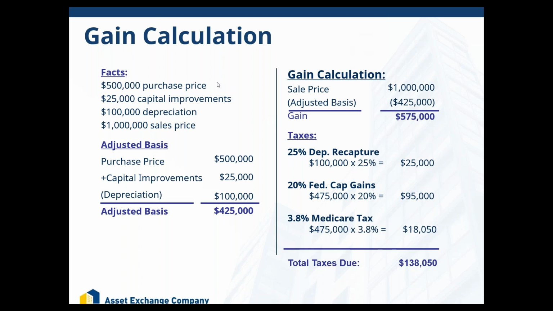Over the lifetime that we own the property, we added back into it $25,000 worth of capital improvements. Now, we took some depreciation for the lifetime that we owned the property, $100,000 worth of depreciation. And now we've decided we're going to sell the property. We're going to sell it for $1 million.